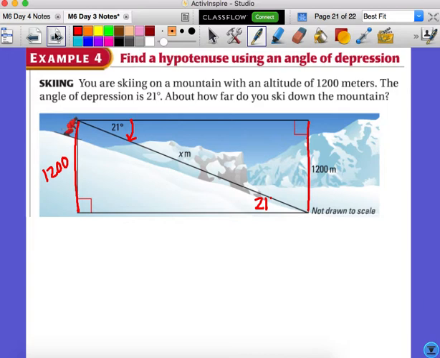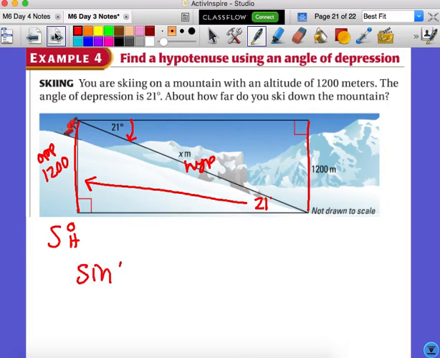Then, if I'm looking for that x value from 21, this is my opposite. X is my hypotenuse. So if I have opposite and hypotenuse, that's the SO part of SOHCAHTOA. So I need the sine of 21 should equal the opposite over the hypotenuse.